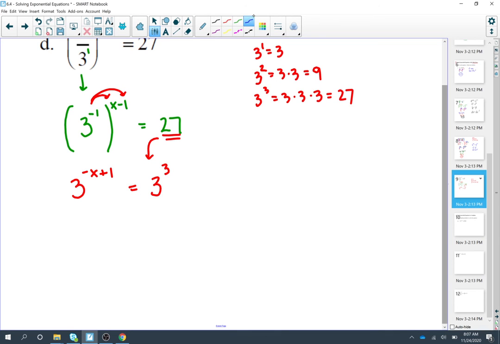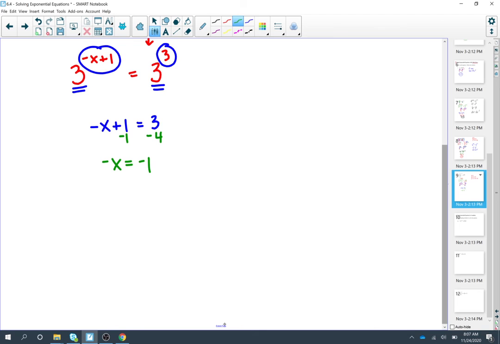At this point, I do have my bases the same. So again, if the bases are the same, that means the exponents have to be the same. So I'm going to write negative x plus 1 equals 3. Subtract 1. Negative x equals negative 1. And then divide by a negative 1 to get rid of that negative. x equals 1.